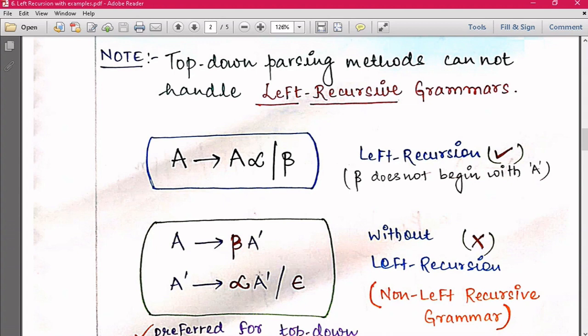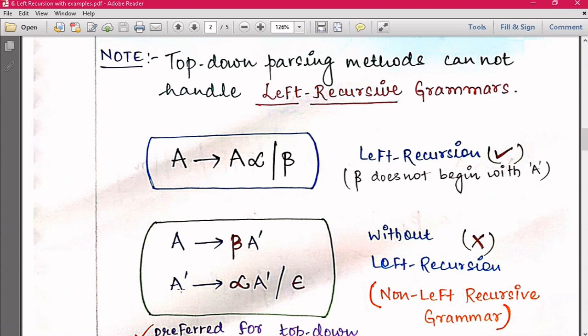If it is starting with A, then you use A dash, or if it would have been S, you can use S dash. So we take the production which is not having left recursion, that is beta, followed by A dash. We are introducing a new symbol A dash.